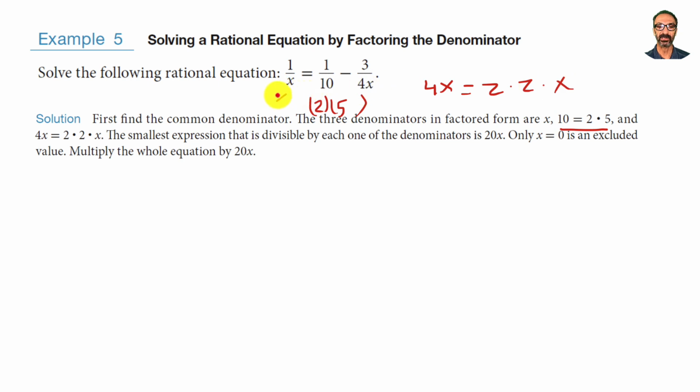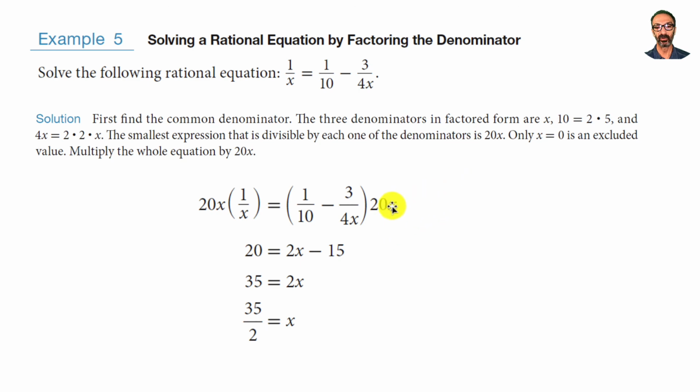And the x is, of course, an x. So I need a number that has two 2's, has an x, has a 5, and that should be 20x. So I need 2 times 2 times 5 times x. Because if you have that, which is 20x, you could see inside it there's a 5. So it's going to divide by 10 when you look at 2 and 5. It's going to divide by 4x because it has the 4 and it has the x, and so on.